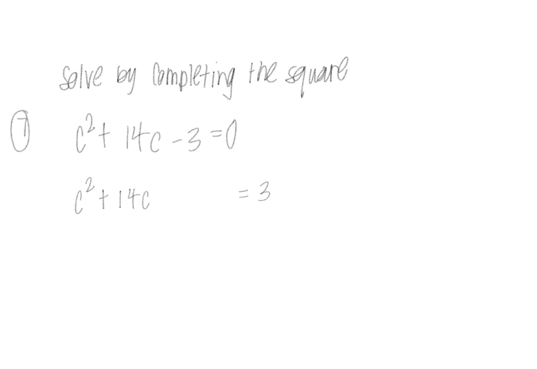So what we're going to do now is take the number that has the variable to the first power. It's the b term, so 14 in this case. We're going to half it and square it and add it to both sides. Half of 14 is 7. 7 squared is 49. We're adding 49 to both sides.